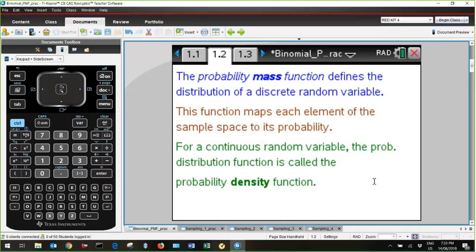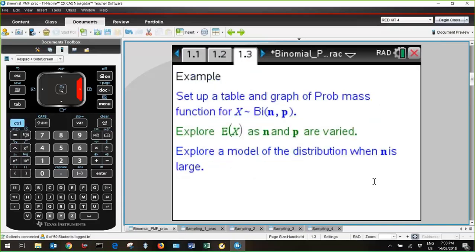So the example I'm going to look at is setting up a table and graph for a random variable x, which is binomially distributed with n and p as the defining parameters, and I'm going to have sliders that can change the values of n and p. I'll explore the expectation of x and also explore a model to see if I can find another function that can model that distribution.